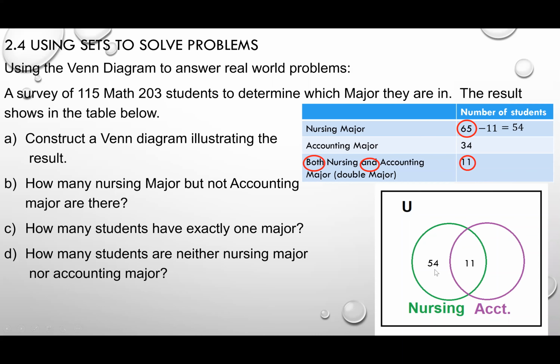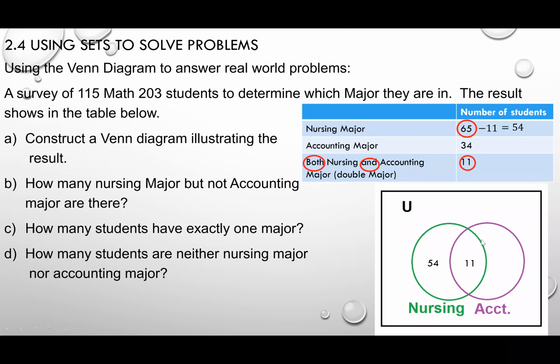Everybody see where my 54 and my 11 came from? The 11 is what they give me, and 54 is 65 minus the 11, because I already accounted for 11 of them and need to subtract them out.